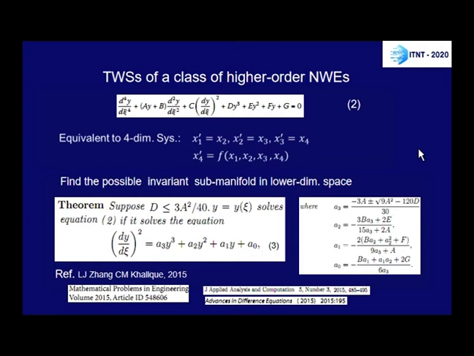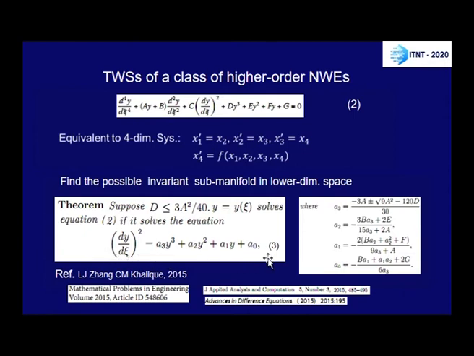Luckily, for this kind of system, we can find that if the coefficients of equation 2 satisfy conditions like D is less than or equal to 3 times A squared over 40, we will find that y equals y cos a solves equation 2 if it can reduce to the lower order nonlinear ODE 3.